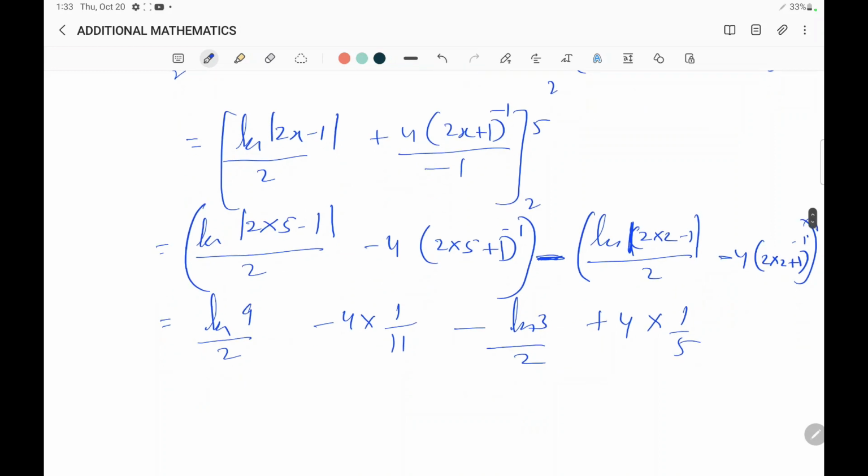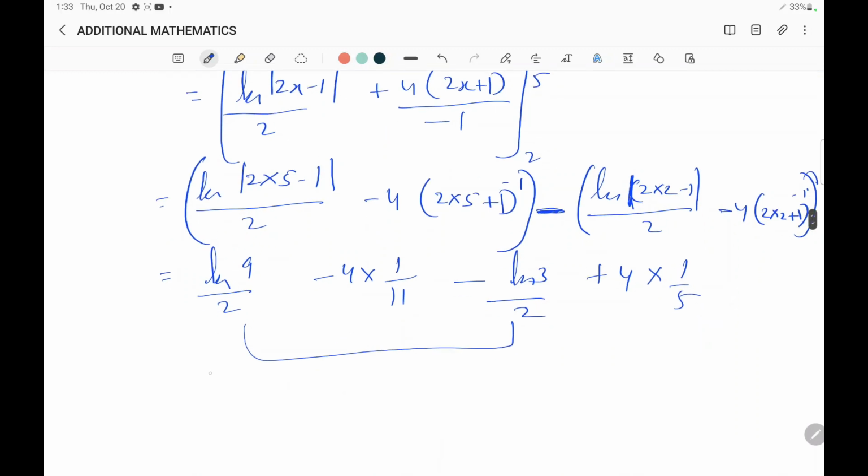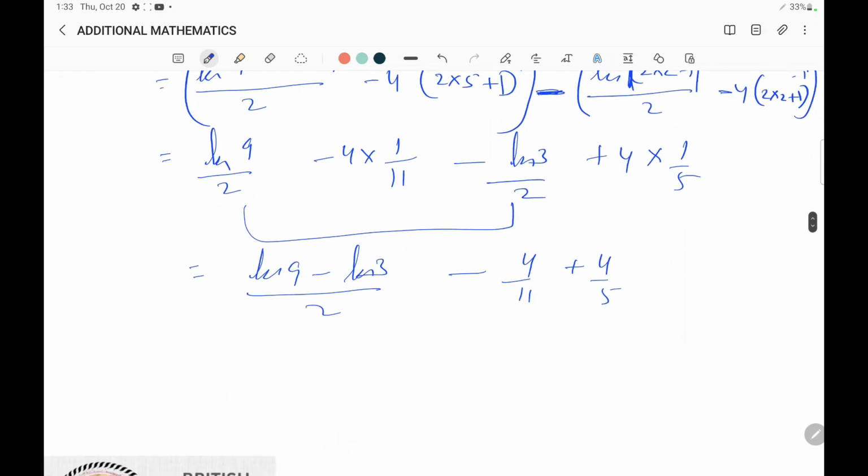So we should write these two together. This is ln 9 minus ln 3 over 2, because the denominator is the same, and minus 4 over 11 plus 4 over 5, right? So I think we need to give our answer.